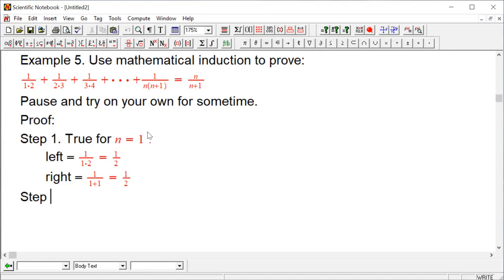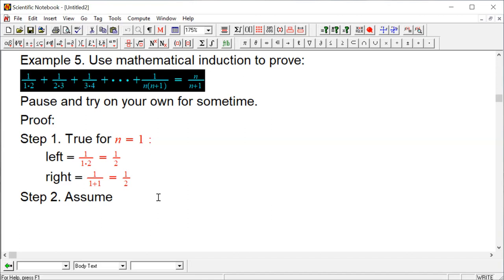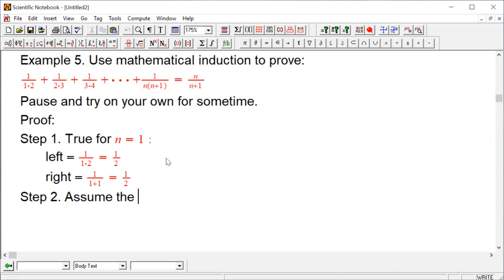Okay, and step 2, we assume the statement is true for k.